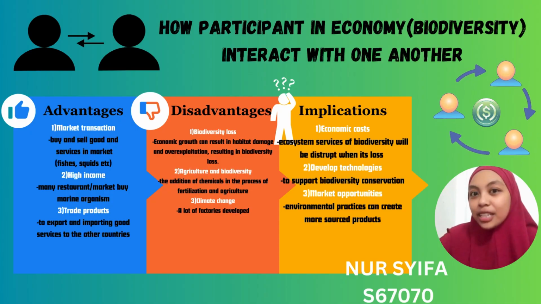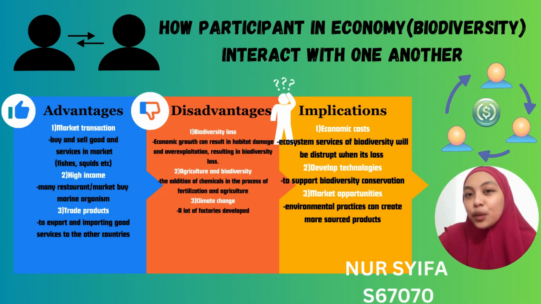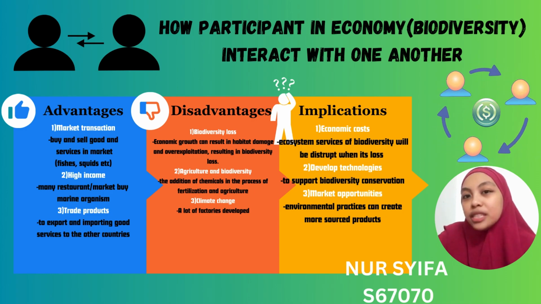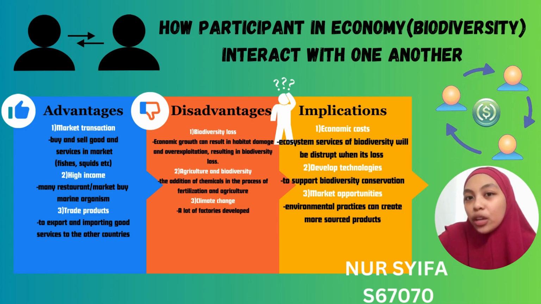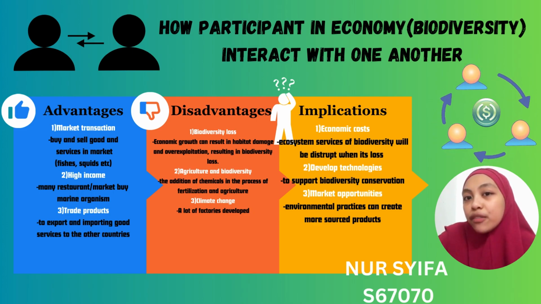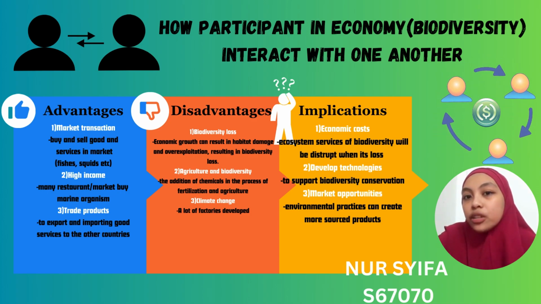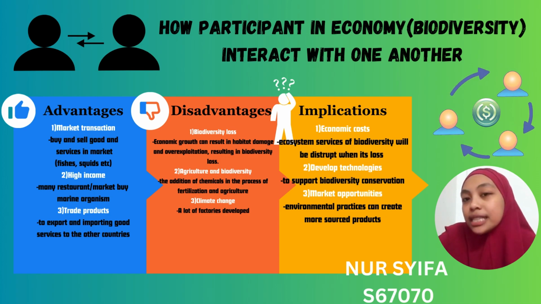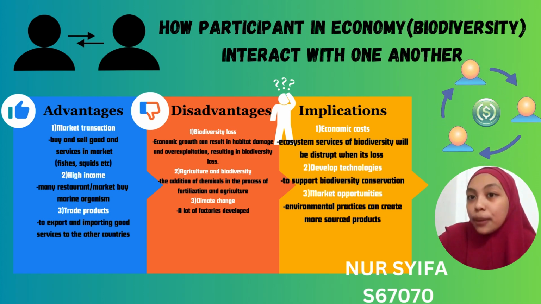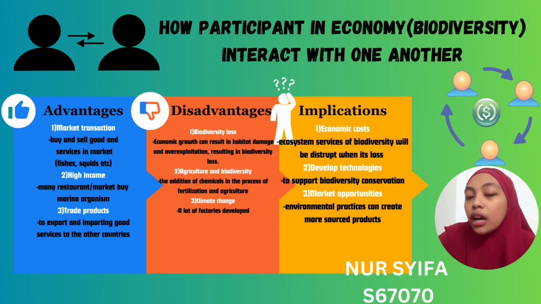Other than that, how participants in the economy interact with one another in terms of biodiversity. What is the impact when all the participants cooperate and develop more of the economy of biodiversity? Pros and cons in this topic will be covered, along with the implications. Firstly, for the advantages, market transactions, which is buying and selling goods and services in markets such as selling ocean biodiversity. There are a lot of companies that are selling it.